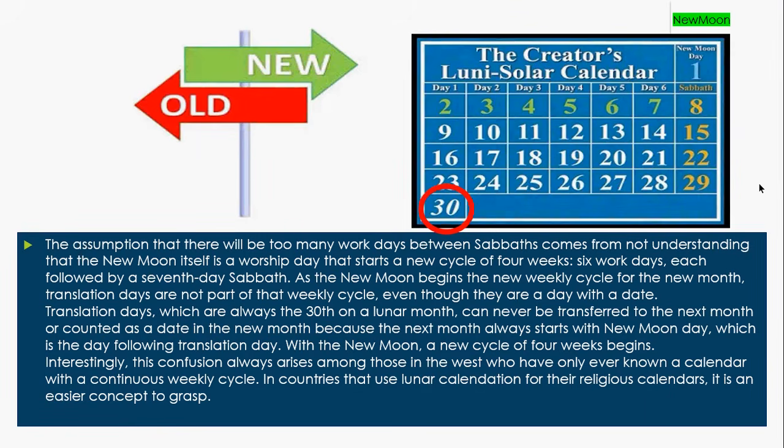With the new moon, a new cycle of 4 weeks begins. Interestingly, this confusion always arises among those in the West who have only ever known a calendar with a continuous weekly cycle. In countries that use lunar calendation for their religious calendars, it is an easy concept to grasp.